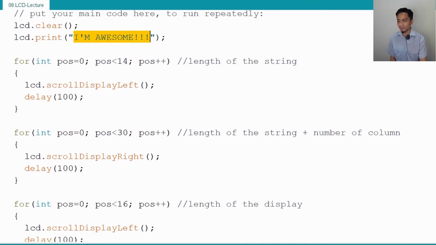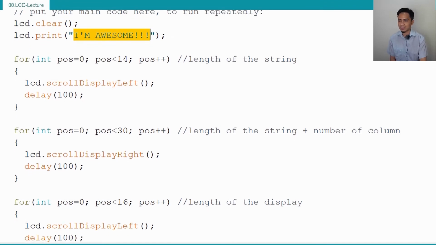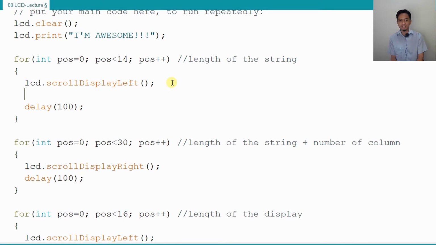But let's say if you want to add something else, maybe some additional information. For example, I want to go to the next line, which is set cursor as usual.